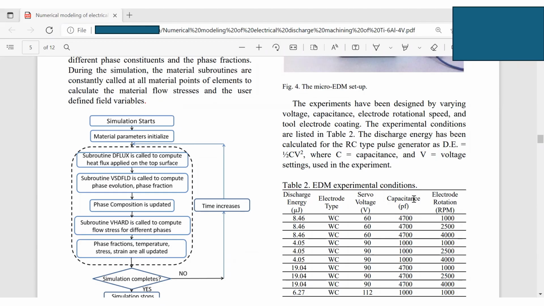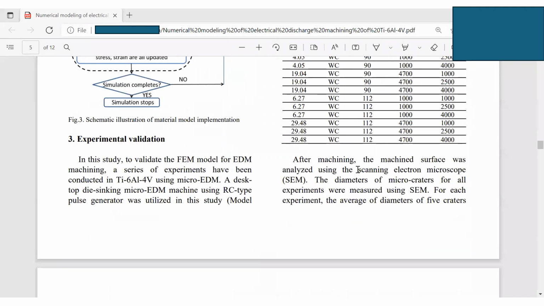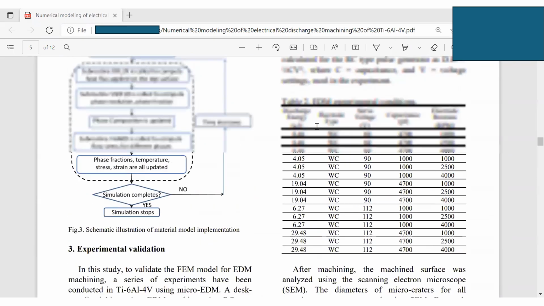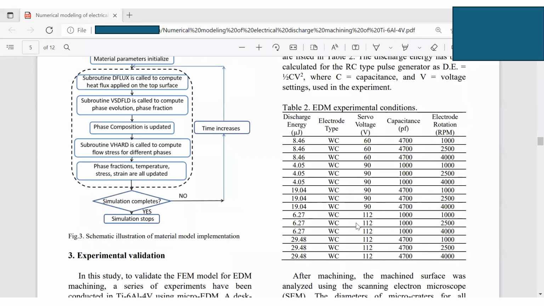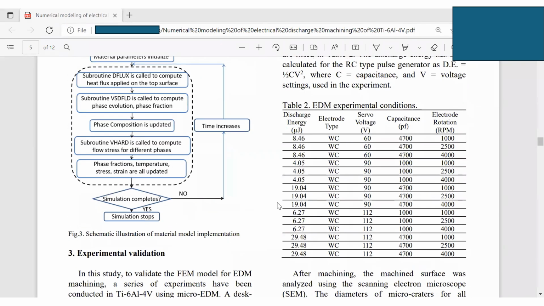The capacitance depends upon the C value, and this is the servo voltage V. The discharge energy is in microjoules. The electrode type, WC, is tungsten carbide. So this machining condition must be the same as what we used for our model.